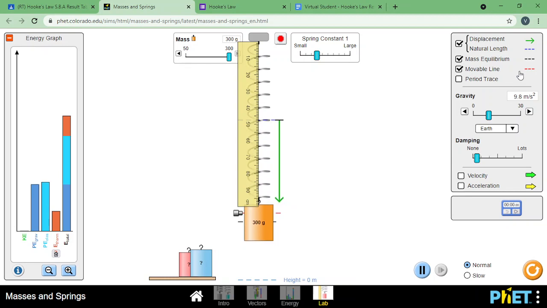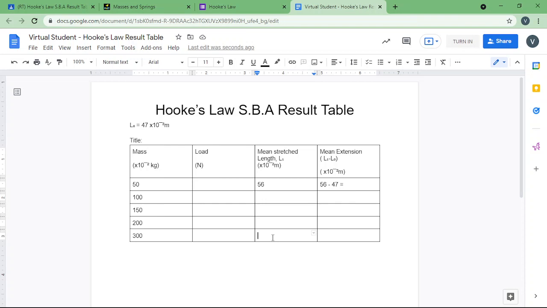It is more than likely that these things are going to come out at us. So let's say it's still moving. Another source of precaution: you must allow the spring to come to complete rest before you take any reading. So here I'm looking at 90, 95, 91, 92. Let's say approximately 92.